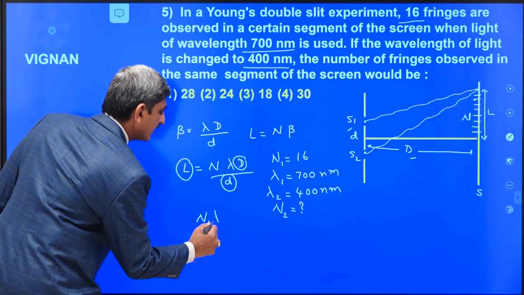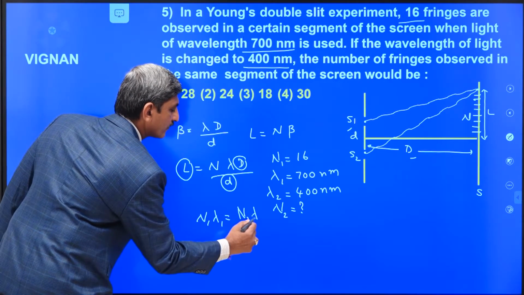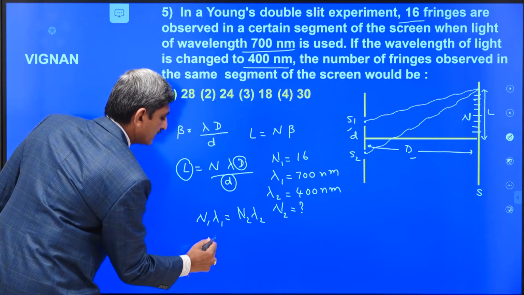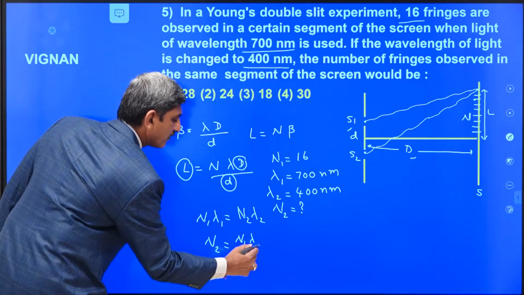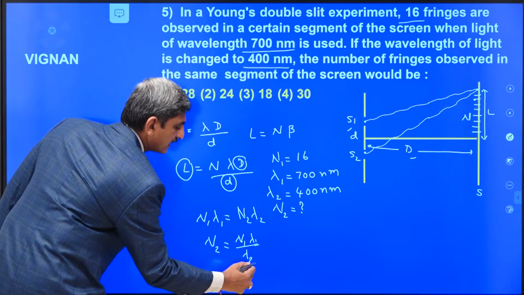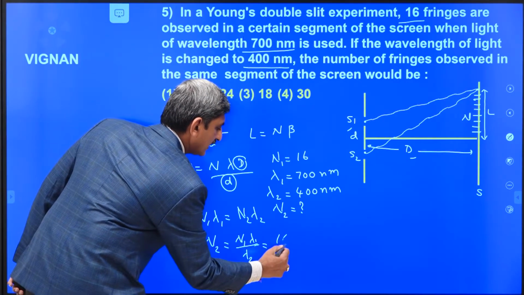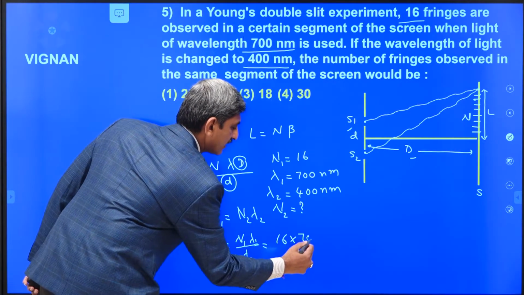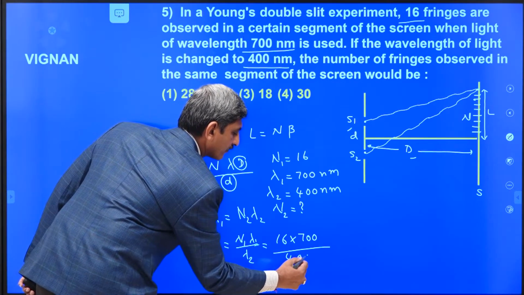From that we can write n1 lambda 1 is equal to n2 lambda 2. From this we can write n2 is equal to n1 lambda 1 divided by lambda 2. This is equal to 16 into 700 divided by 400.